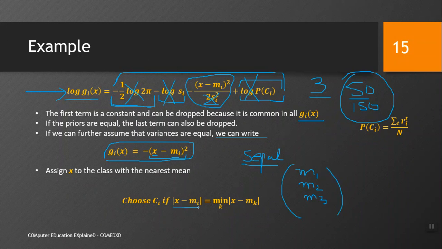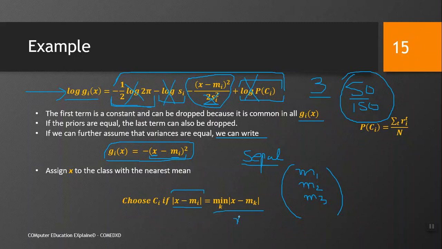We take the modulus of the difference in order to remove the negative or positive sign. So this new instance x would be given the class with which it has the minimum distance, which we write like this, right.